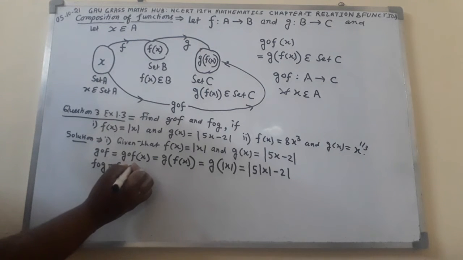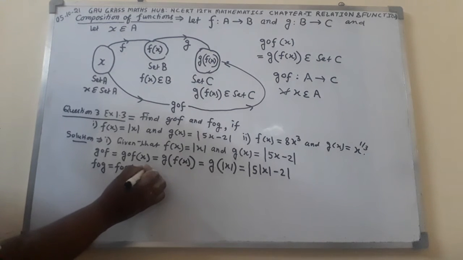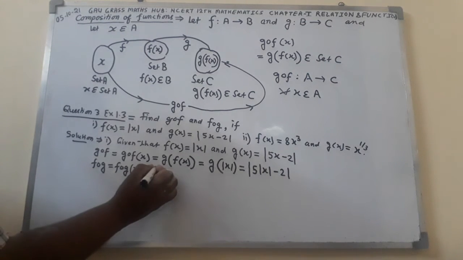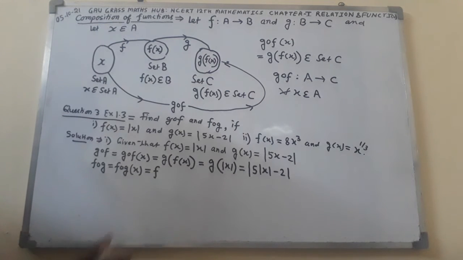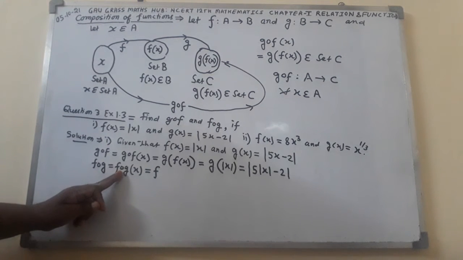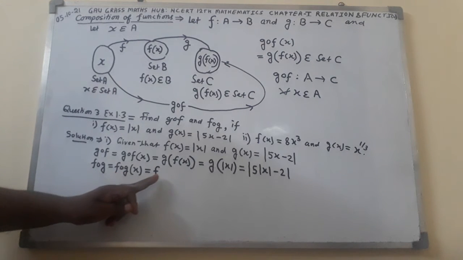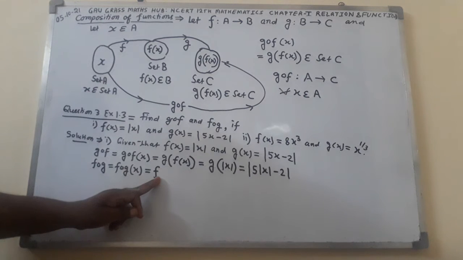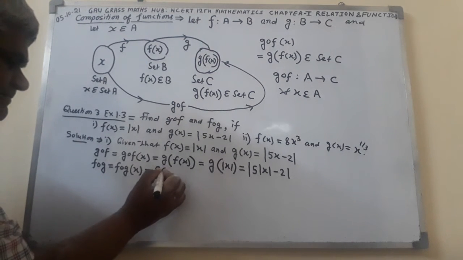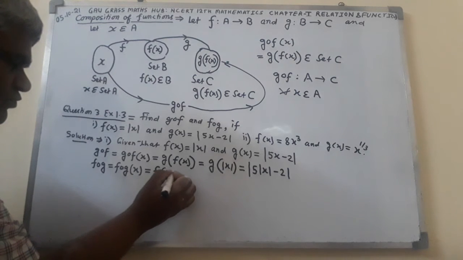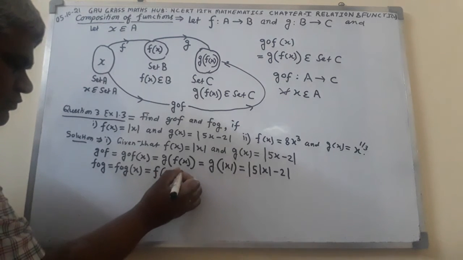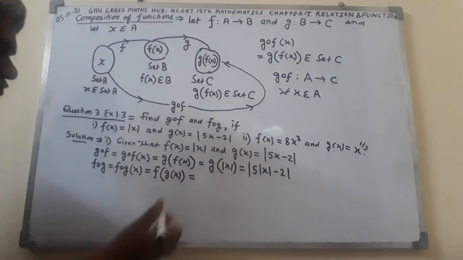That's why f of g of x I shall write is equal to f, in place of small o, just write here opening of circle bracket, like this.